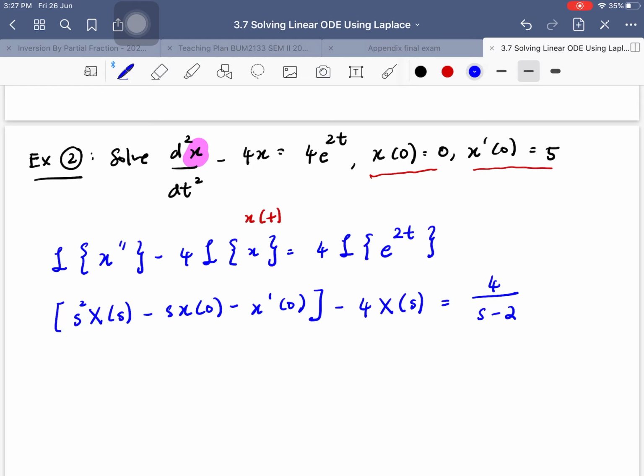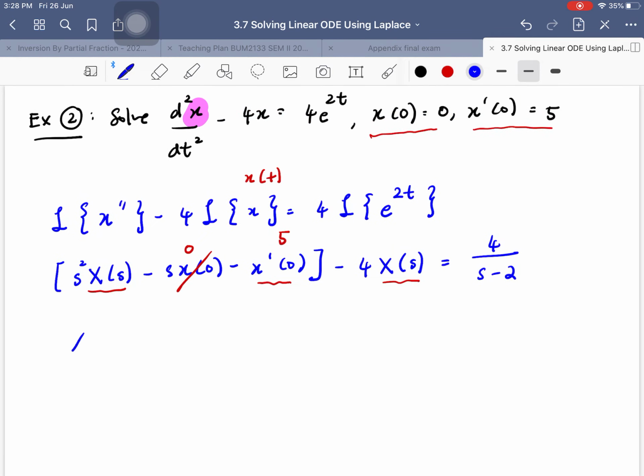Okay, next step is to substitute the initial conditions. So x of 0 is going to equal 0. x prime of 0 is going to equal 5, right? And for the terms that are related to X of s, factorize them. So here I'm going to have X of s multiplied by s squared minus 4.